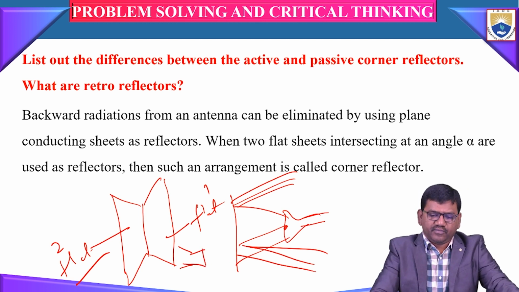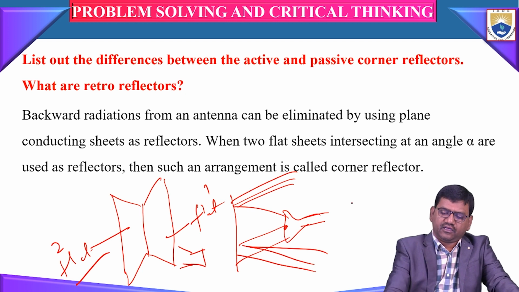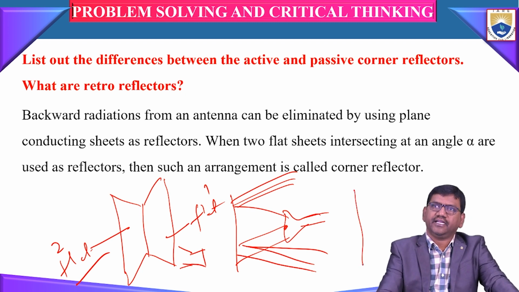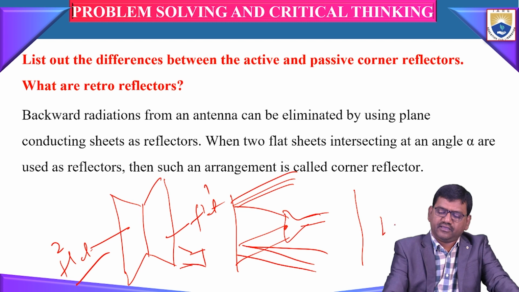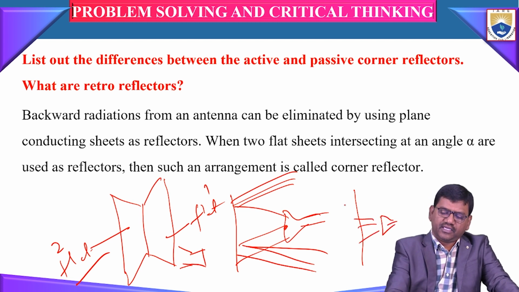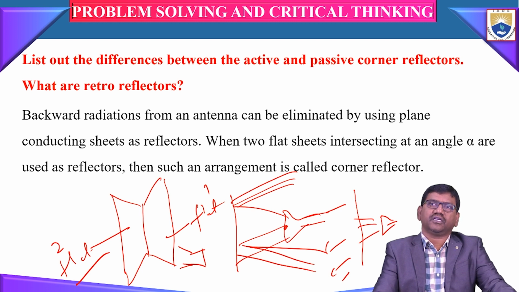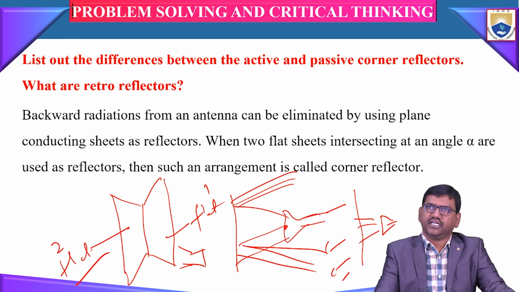The backward radiations from an antenna can be eliminated by using plain conducting sheets as reflectors. When we use a rod reflector antenna and transmit the signal towards it, some radiations pass to the backside of the rod reflector antenna. To overcome this limitation, we select the flat reflector antenna, where the backward radiations can be eliminated.